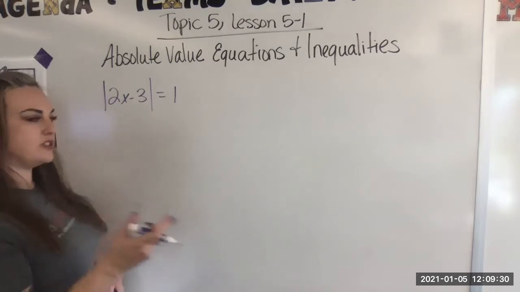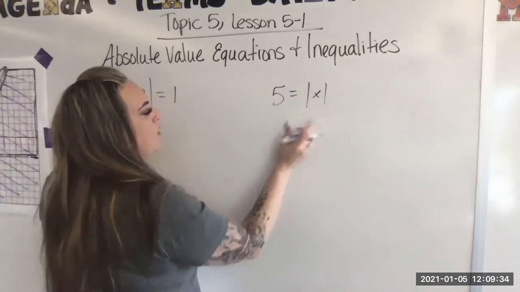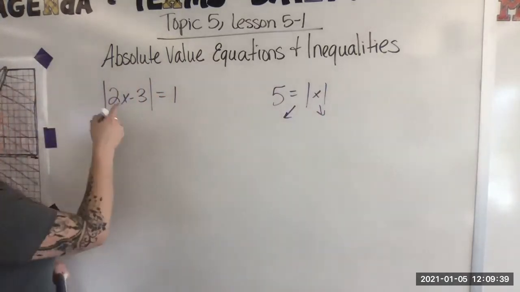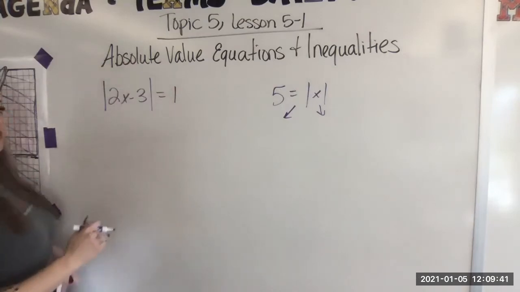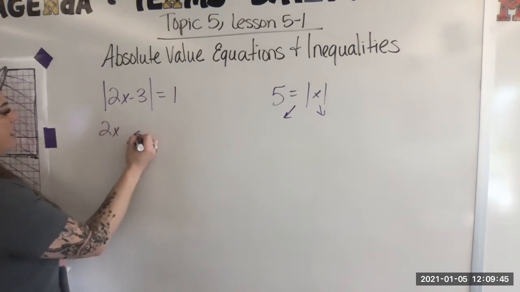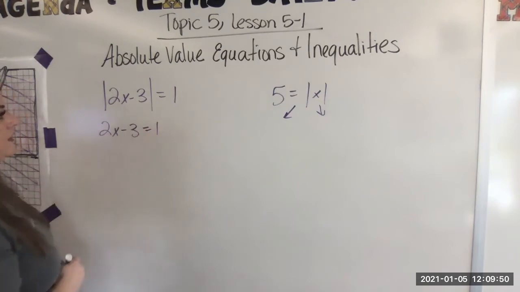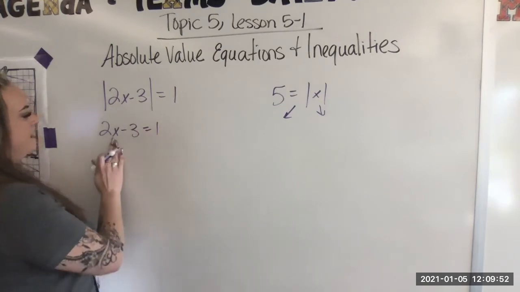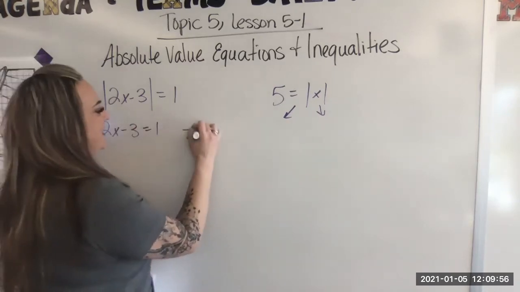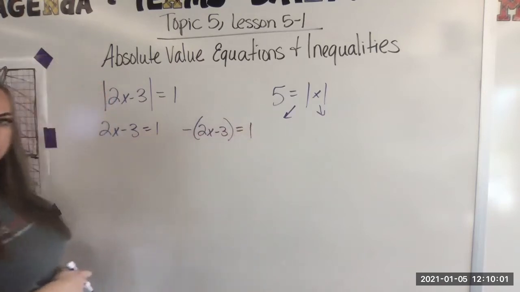So from here, just like we did with the 5 equals absolute value of x, we wrote it into 2 separate equations. We're going to do the same thing here. We're going to drop the bars because we're now talking about negative and positive options. And we're going to say that 2x minus 3 equals 1. But we're also going to say, beside where our absolute value bars were, that negative (2x minus 3) equals 1.